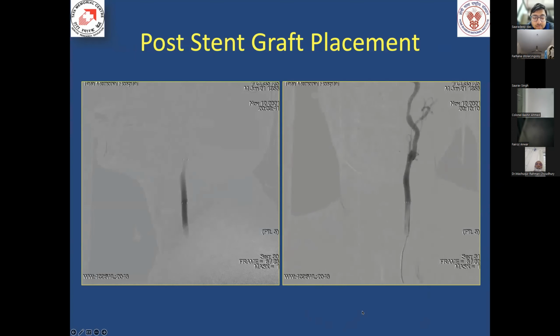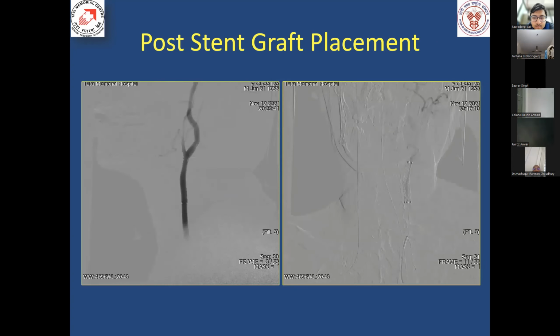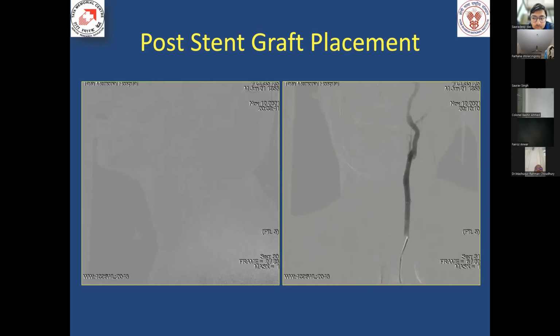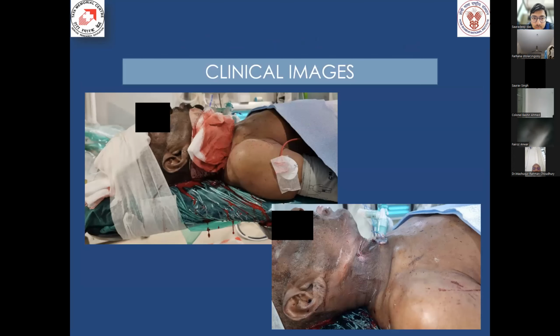Not all the time we will be able to save the artery. At times, to control the bleeding urgently, we might have to sacrifice the artery. That is called a parent artery occlusion. This is just an example of a case that presents with massive bleeding from the carotid.